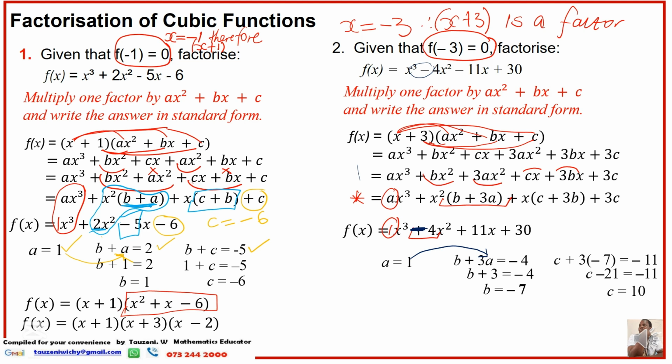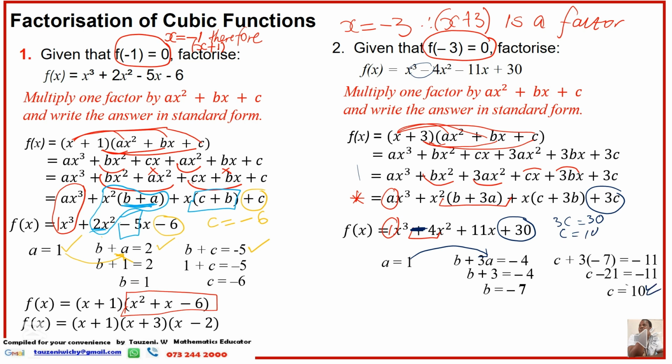Remember, there is an option for calculating the value of c. We can calculate the value of c by equating the last term of our expression to the last term that we have there. This will give us 3c being equal to 30.